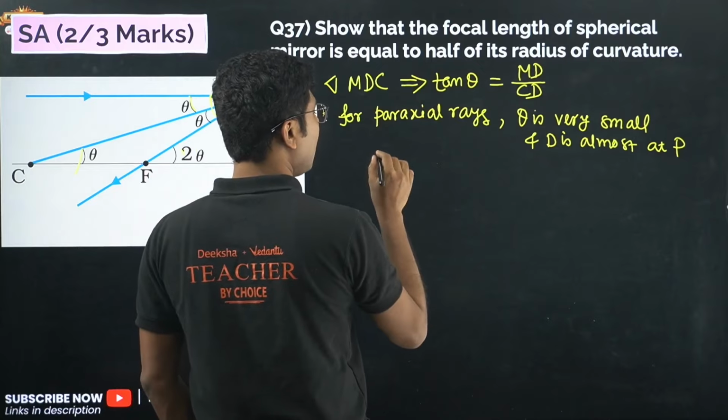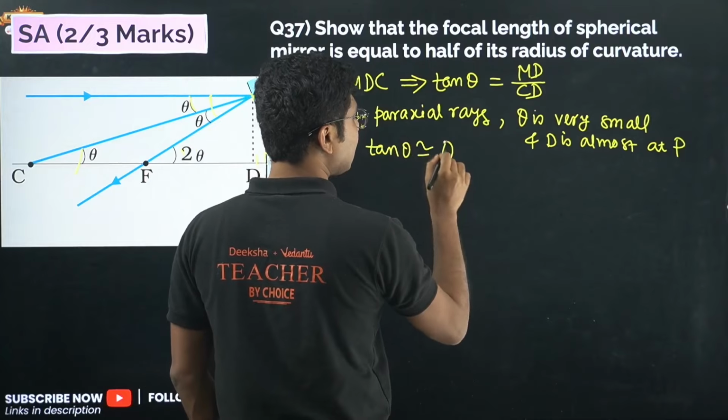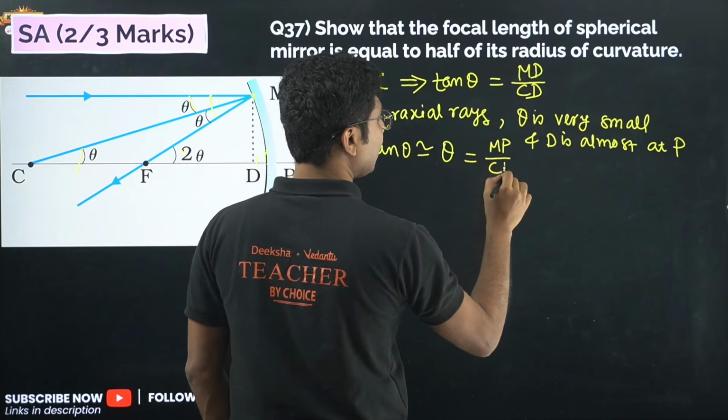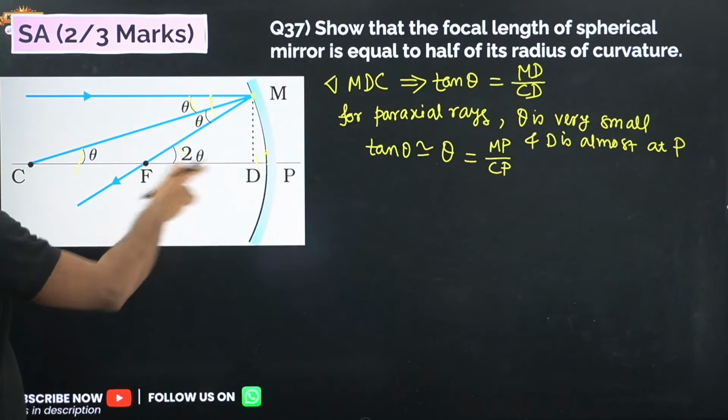So now let us write the equation again. So tan theta can be approximated as theta equals MP by CP. Okay, MP by CP. So what is CP, by the way?